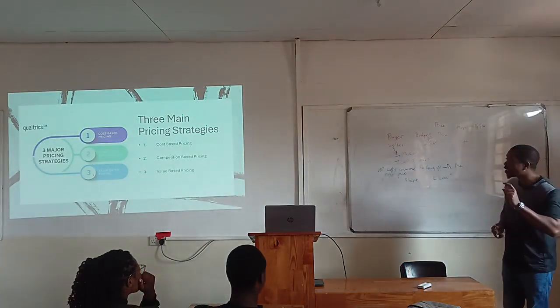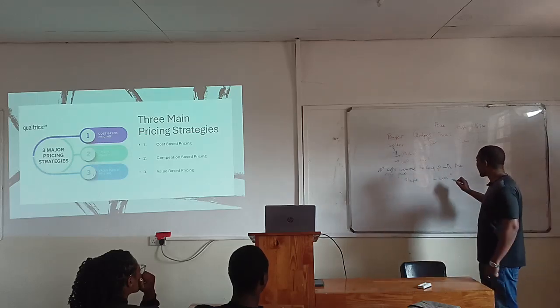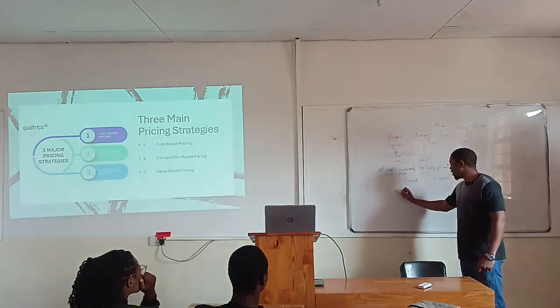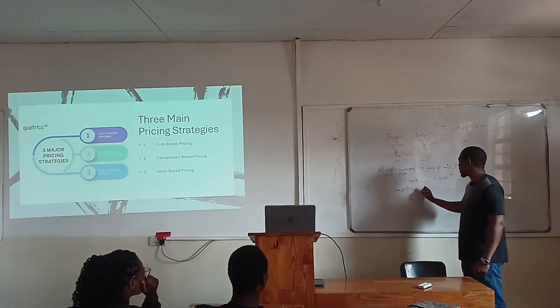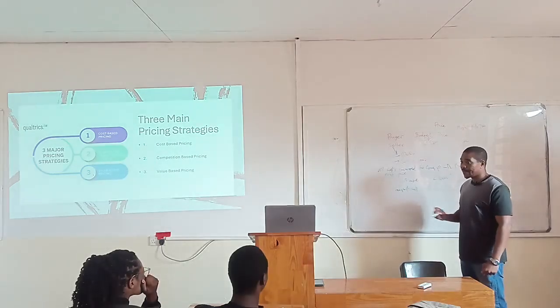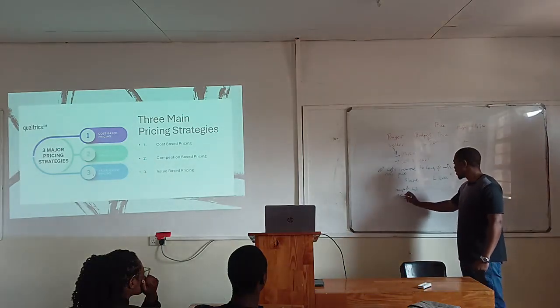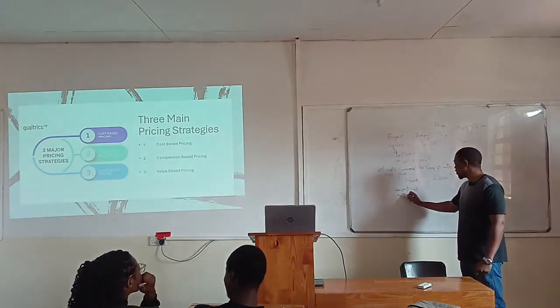So in cost-based pricing, what we are going to do is to say, for me to arrive at this 10,000, there were transport costs. Okay. What are the costs? Labor costs.